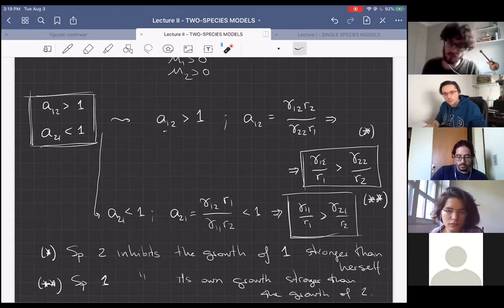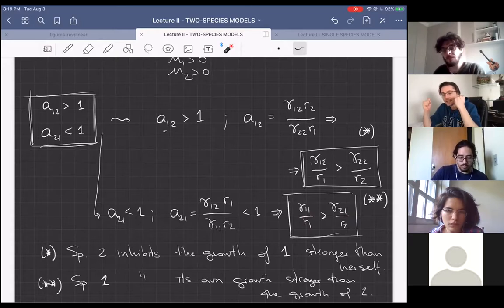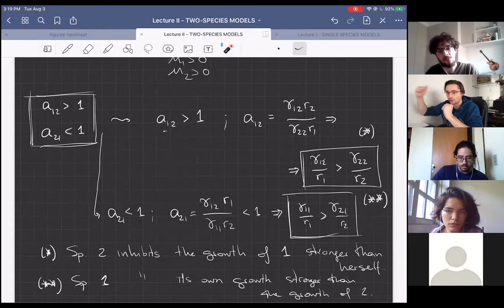So with these conditions together, the idea is very easy to understand. If I have 2 species and I compete with myself, I kill my cells more frequently or faster than I kill cells from the other species, and the other species kills my cells faster than their own cells.